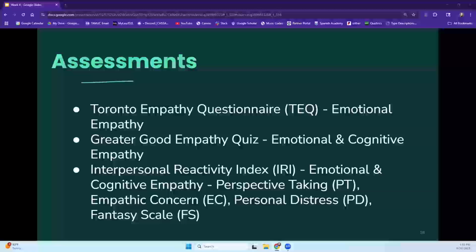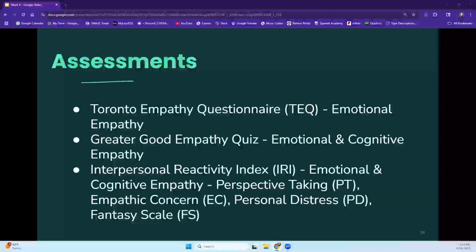Now, the Interpersonal Reactivity Index, the IRI, uses a multidimensional empathy scale that was developed by Davis in the 80s. So unlike most empathy assessments, the IRI captures both cognitive and emotional components with 4 distinct subscales. The subscales included perspective taking, which is a cognitive empathy component, right?